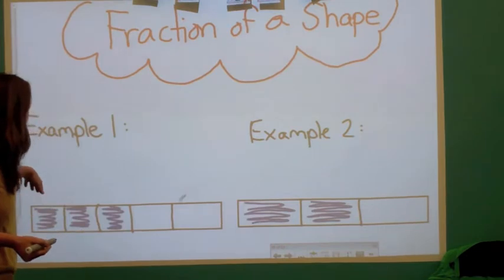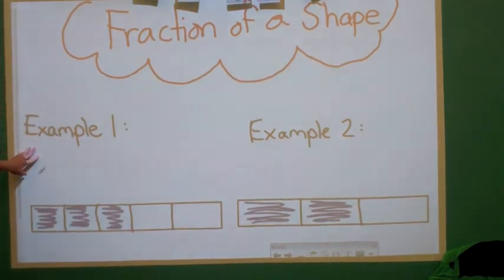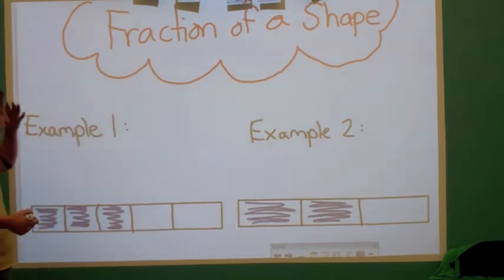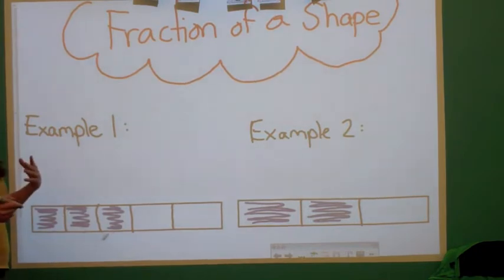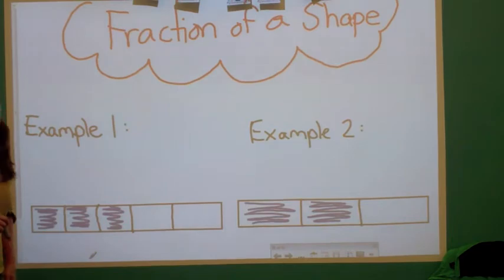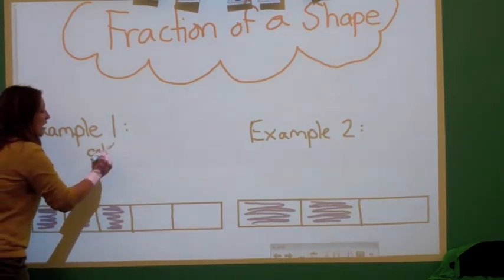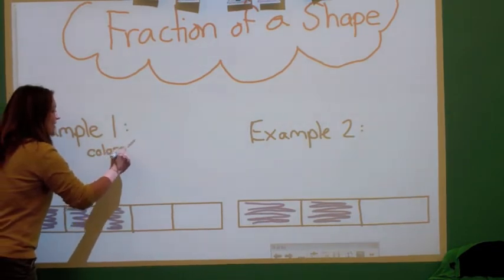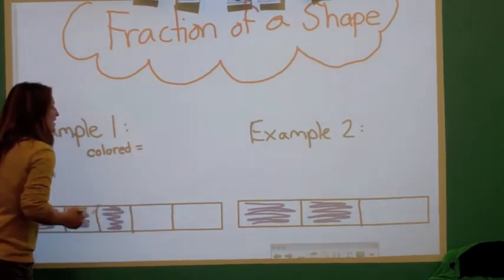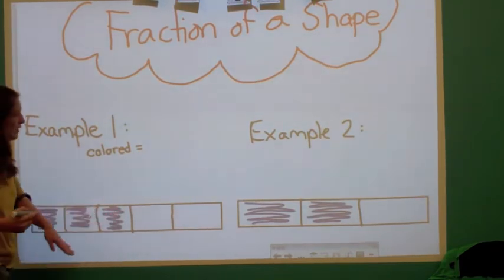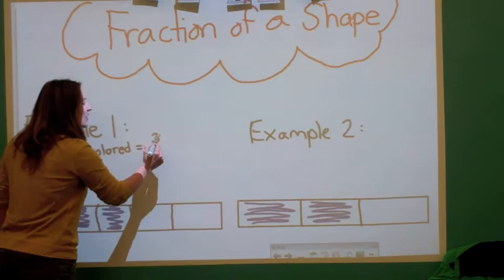So just looking at the first example, and we remember that the number on top, or the numerator, is the number of pieces being counted, I'm going to say let's find the fraction of this bar that is colored. So I'm going to put that down here. So I want to find the fraction of colored pieces. And the fraction that is colored here would be 1, 2, 3. That's the number of pieces colored.